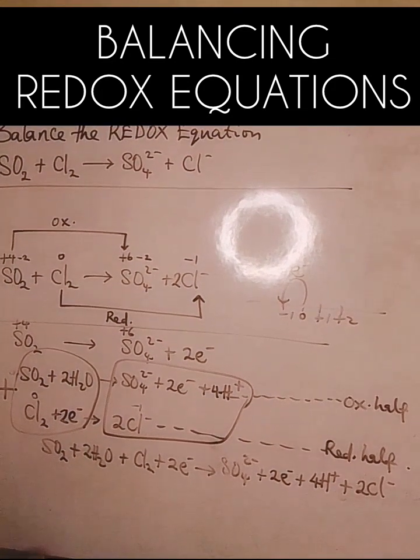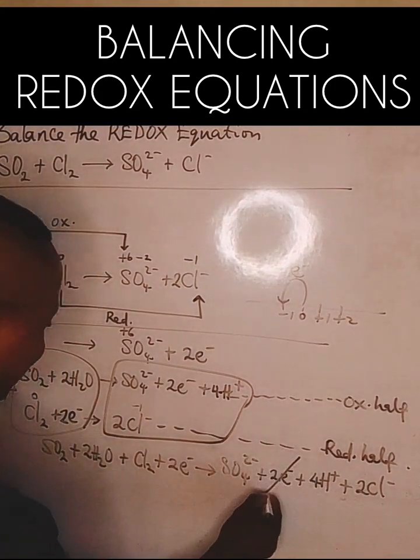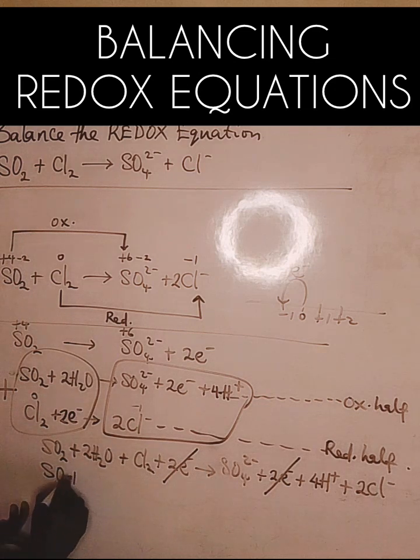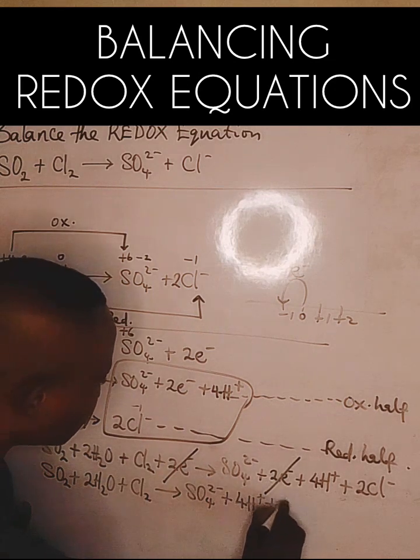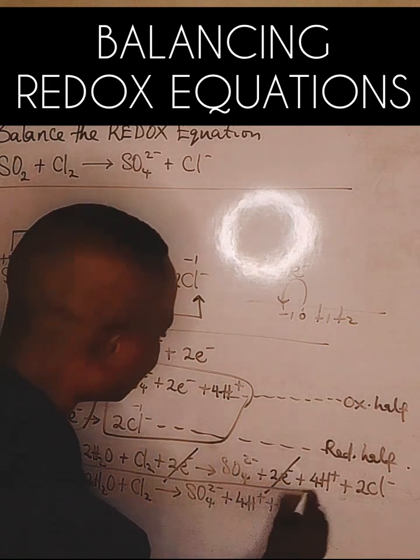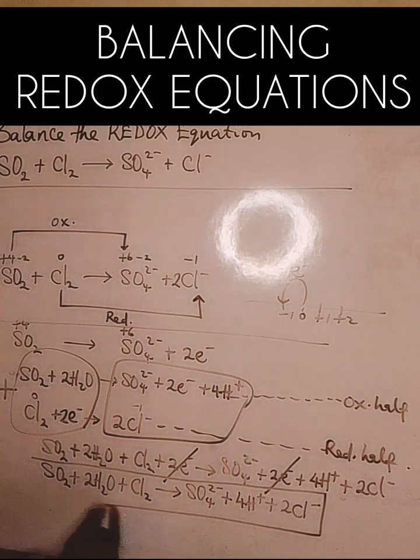So now, 2 electrons are at the right and 2 electrons are at the left. We cancel them and we finally have SO2 plus 2H2O plus Cl2 gives SO4 2- plus 4H+ plus 2Cl-. This is the balanced redox equation.